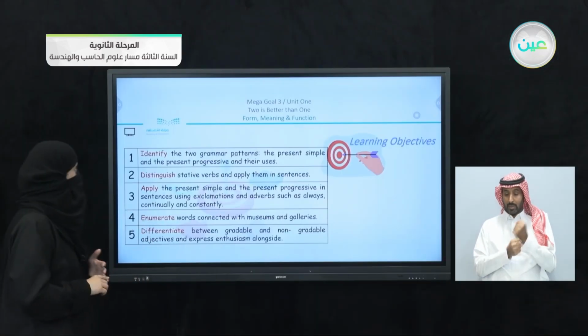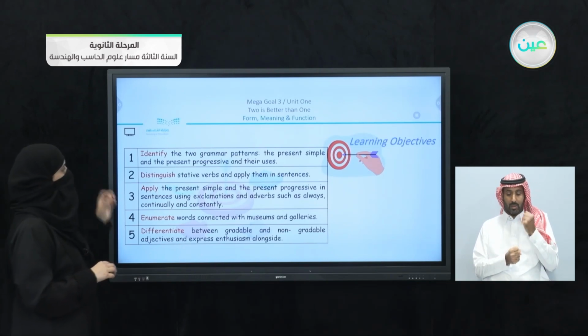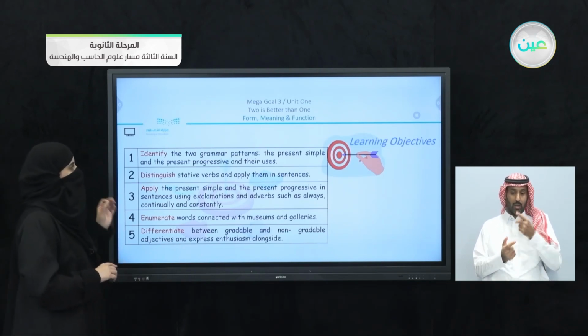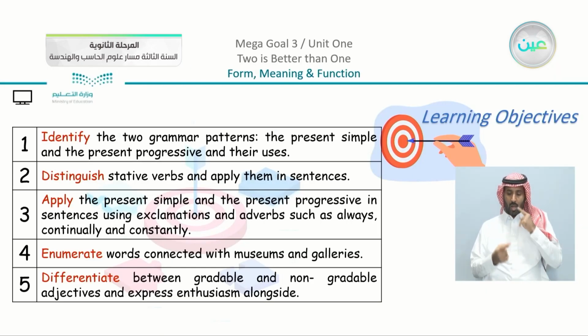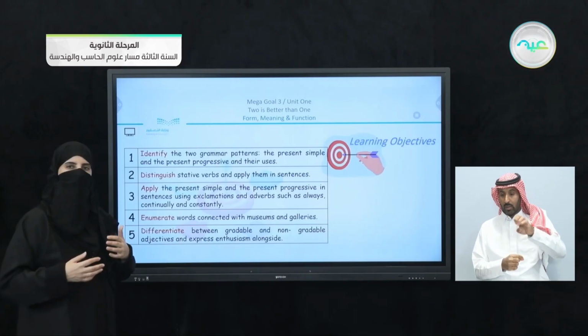Our objectives in the lesson are to identify the two grammar patterns, the present simple and the present progressive, and their uses, distinguish stative verbs and apply them to sentences, and apply the present simple and the present progressive in sentences using exclamations and adverbs. So when we said that I have here or always, what are these words?